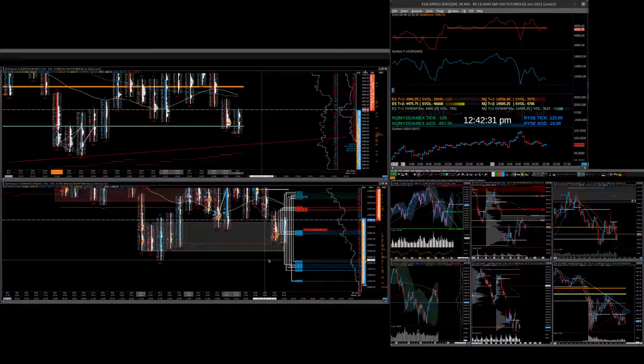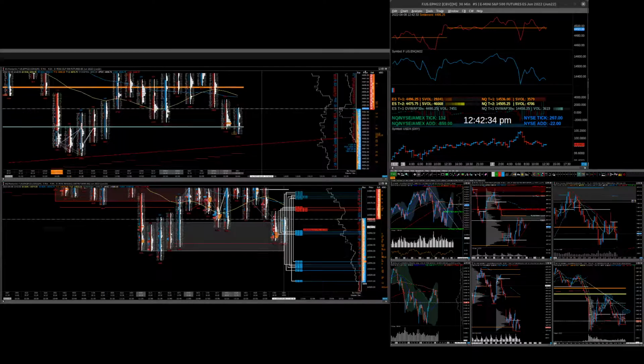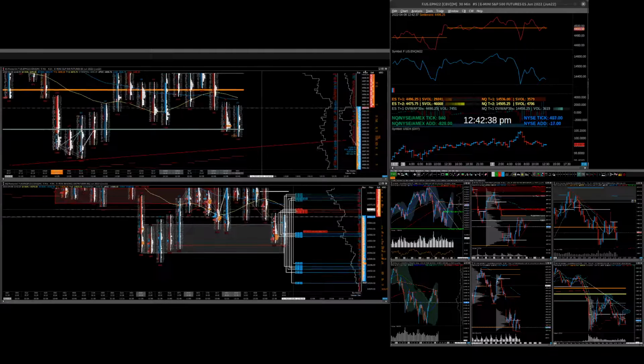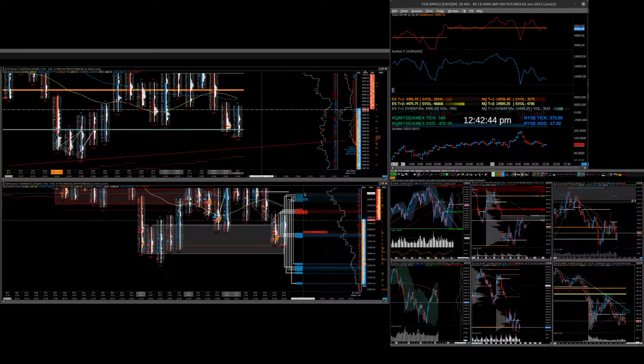Anyway, so this here, if I get filled for it, will take off 16 points. And then it'll have an 8-point stop loss still. So you can see that your entry really determines whether or not your risk reward is decent.